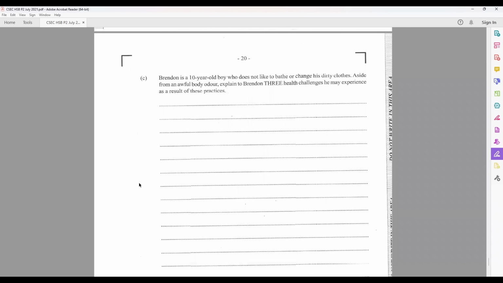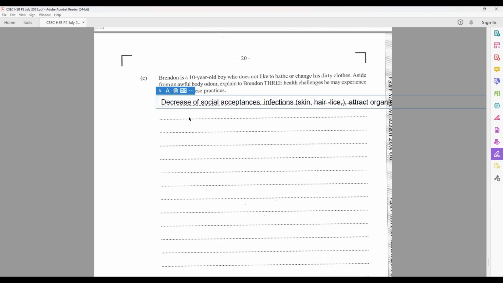Brendan is a 10-year-old boy who does not like to bathe or change his dirty clothes. Aside from an awful body odor, explain to Brendan 3 health challenges he may experience as a result of these practices. Now, Brendan should really change his clothes, because hygiene is not just about smelling good, it's social acceptance.